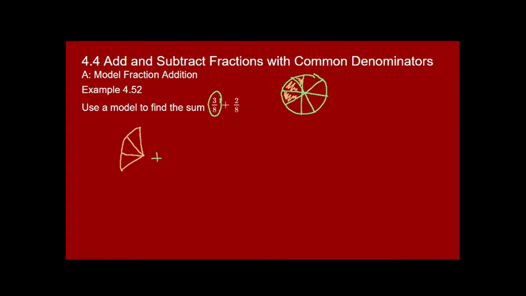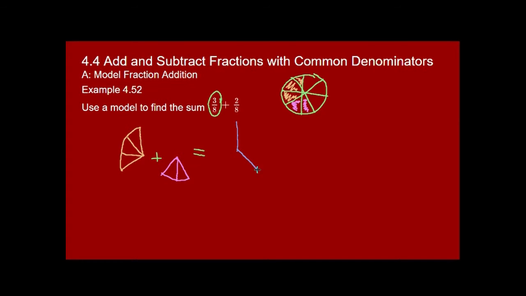I'm going to choose a different color. Let's do pink. And then we need to add 2/8. 1, 2. Okay, so I'm going to sketch that. Plus 2 of those. And then I'm going to put those together to find my final answer. So I'm going to put that together with blue.